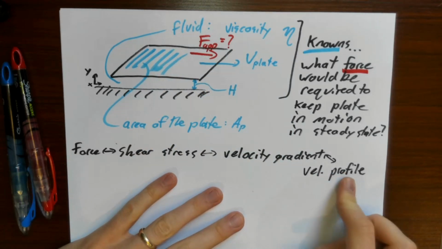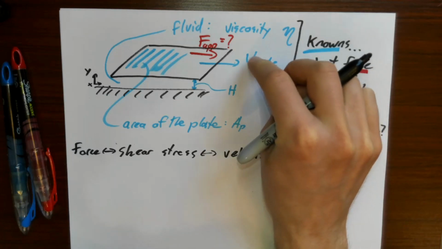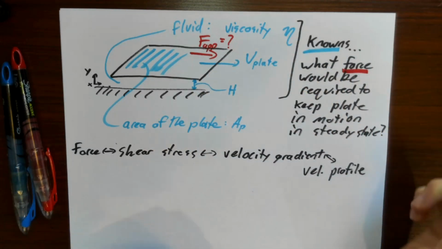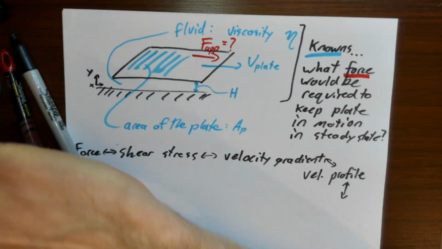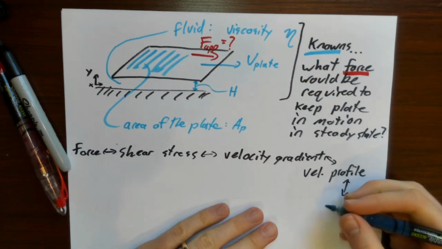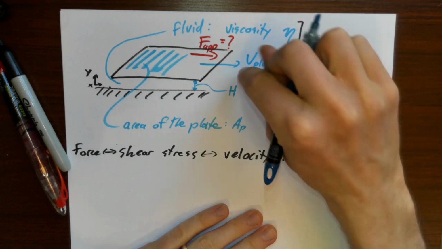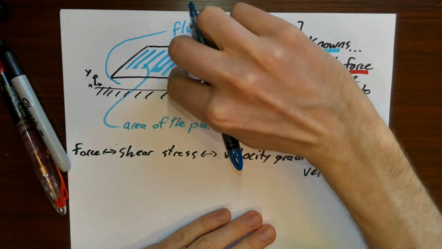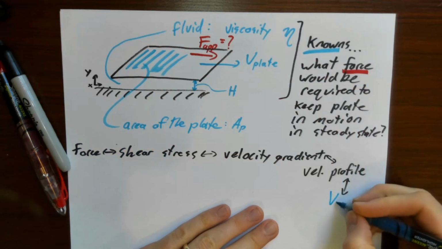We might get information about this velocity profile from what the velocity of the plate is and what the velocity of the ground is. So we might have a connection between the velocity profile and the boundary conditions of our system. We might be able to connect the velocity profile of the fluid to the velocity of the plate, which describes what's happening at the boundary of the fluid.